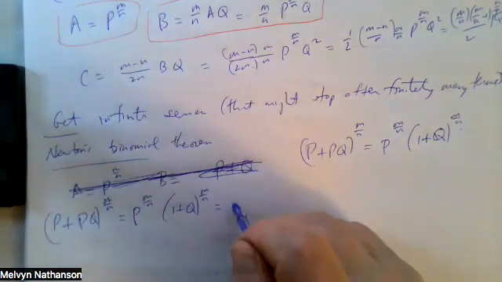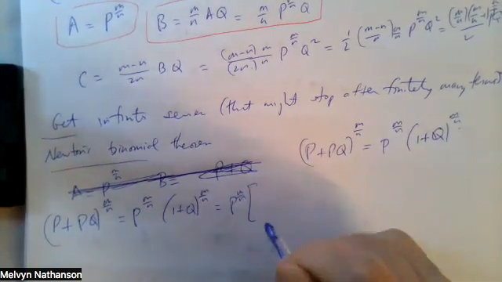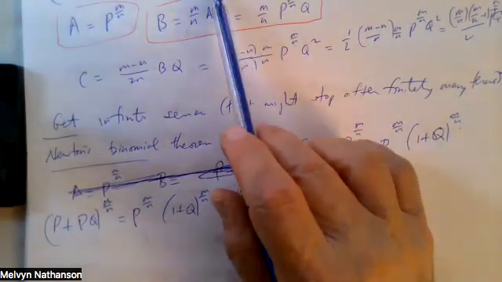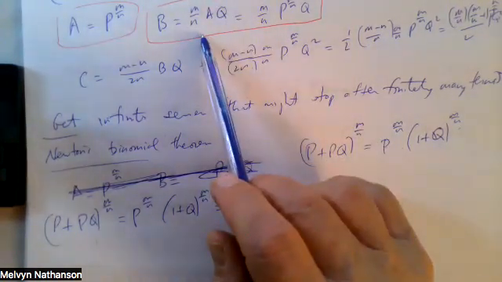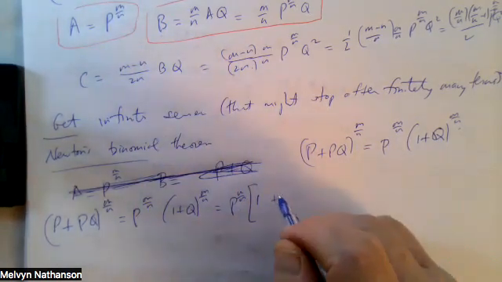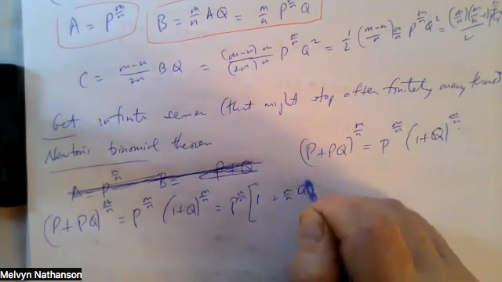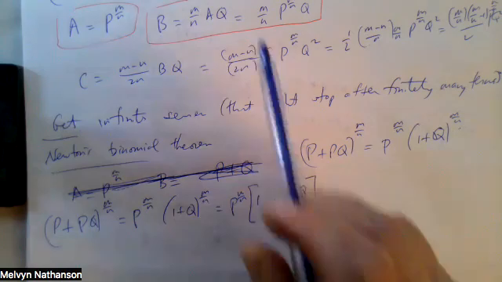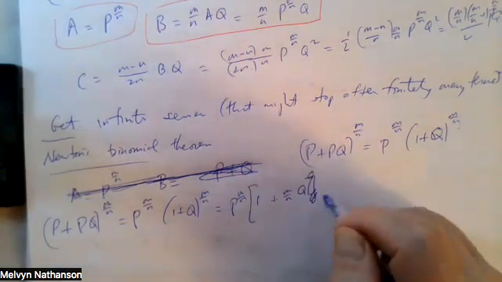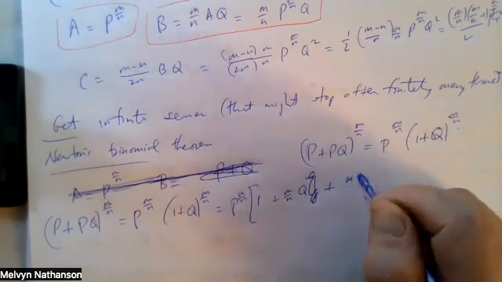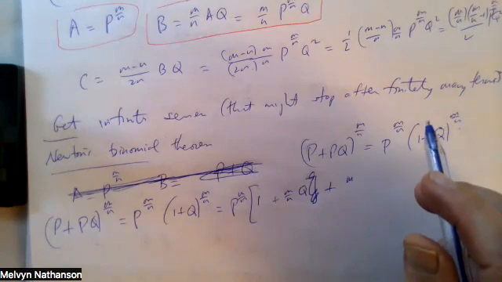The first term is P to the M over N times 1, let's say. The second term, M over N AQ, A was P to the M over N. If I factor that out, I get plus M over N times Q, right? That's what this is. What's the third term? I have M minus N over 2N.